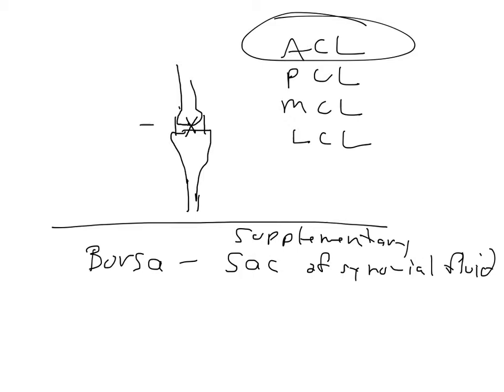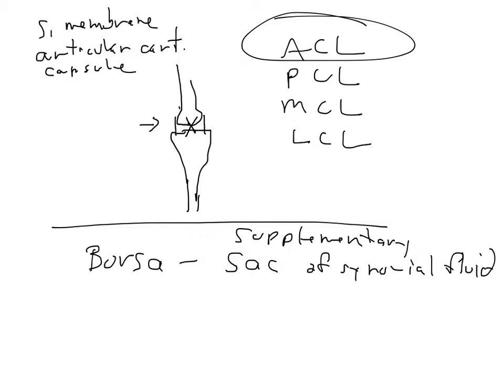The other components of your synovial joint included the synovial membrane, which produces the synovial fluid, the articular cartilage, which reduces friction, the capsule, and the ligament, which ties the bones together.